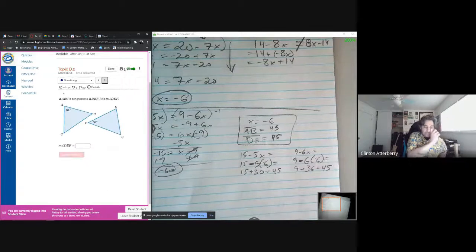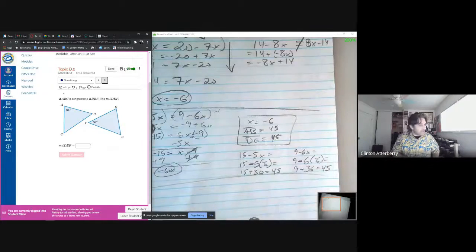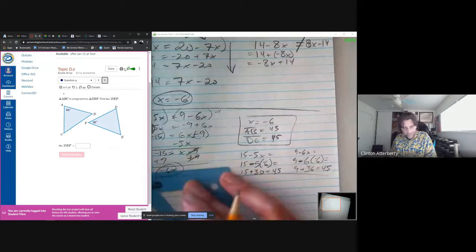Okay, about 7 or 8 minutes left. Let's see what else we got. So this one's kind of cool looking, right? They give us two triangles. They give us two angle measurements, right? One in each, and say find the measure of angle DEF. So we got two triangles.